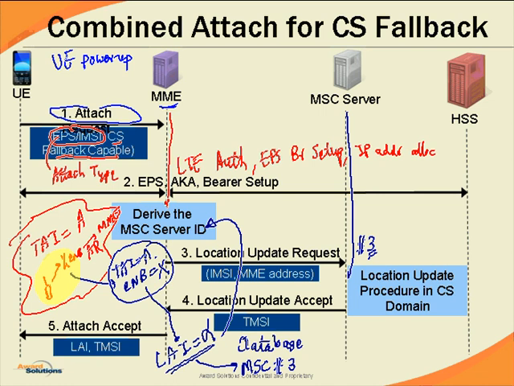So now we are sending a location update request to that MSC, and we indicate which UE we are trying to get the update for, and we indicate the identity of the MME. So let's say this is MME number 10.